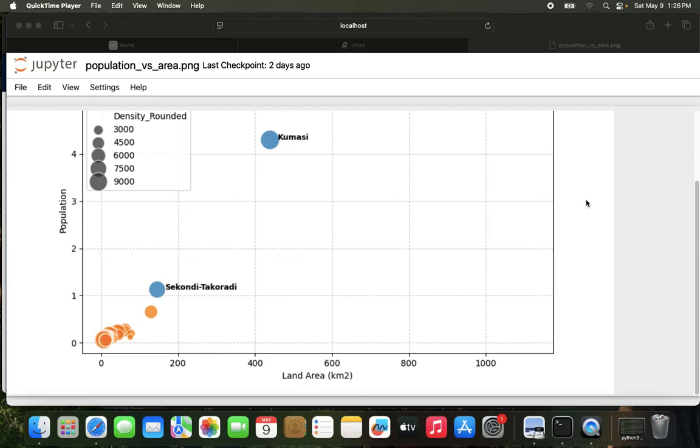And then we're going to be predicting population based on some kind of arbitrary land area. So for instance, if we had a new urban development, say a satellite city, and this satellite city was created with a land area of, let's say, 1,500 kilometers squared, we should be able to make a machine learning prediction.